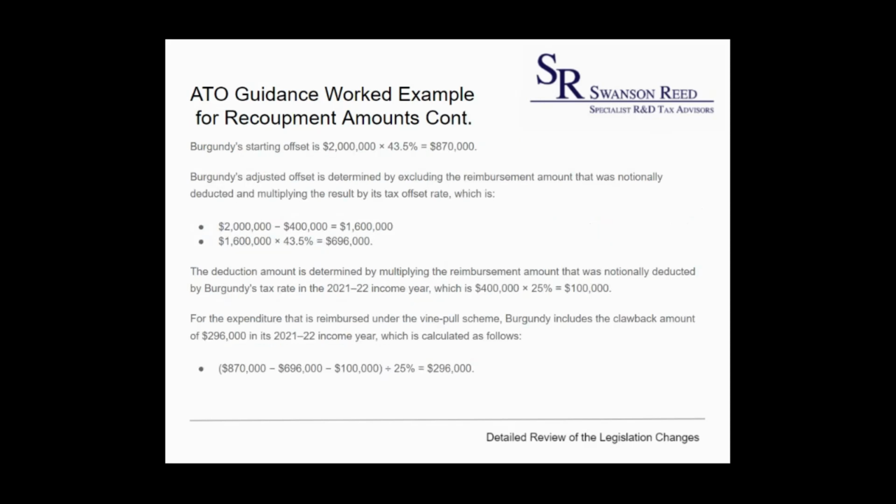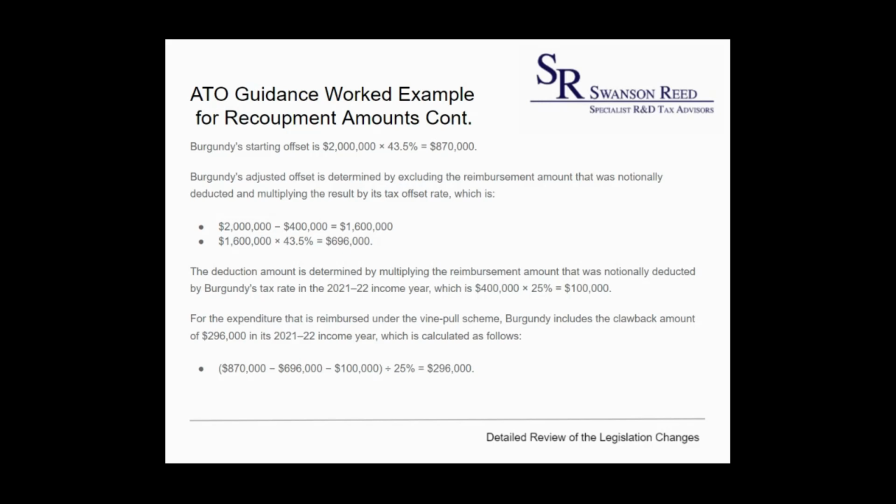Burgundy's starting offset is $2 million multiplied by 43.5%, resulting in $870,000. Burgundy's adjusted offset is determined by excluding the reimbursement amount that was notionally deducted and multiplying the result by its tax offset rate, which is $2 million minus $400,000 equals $1,600,000.